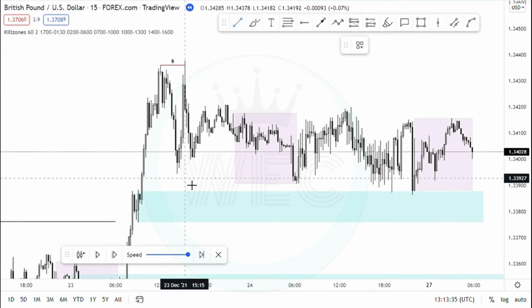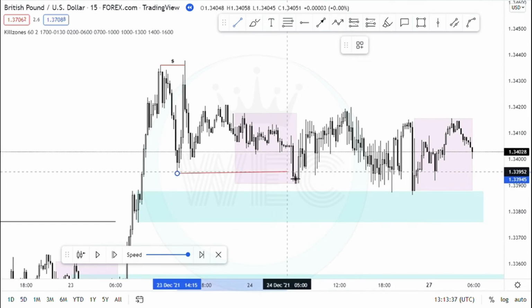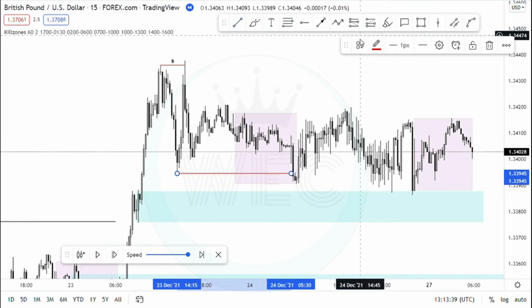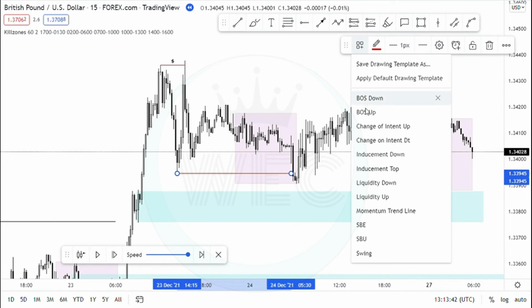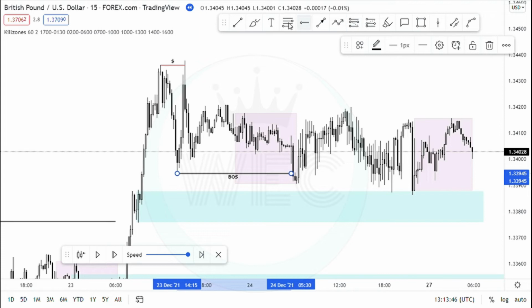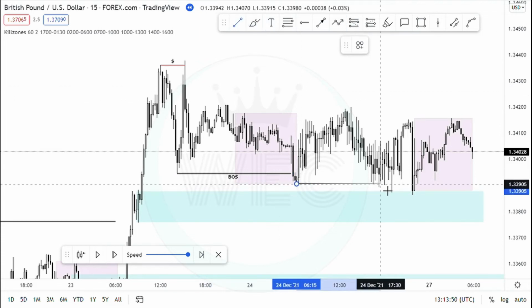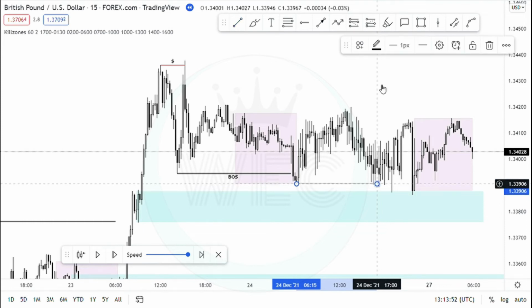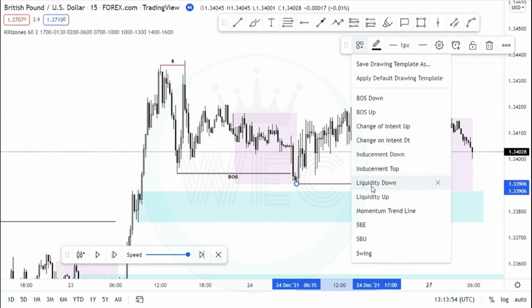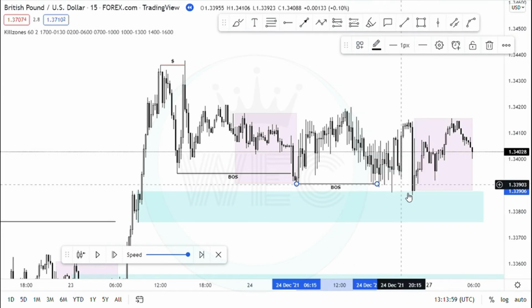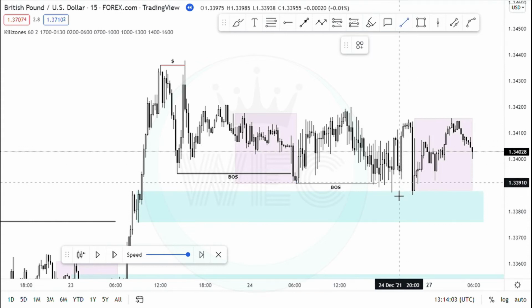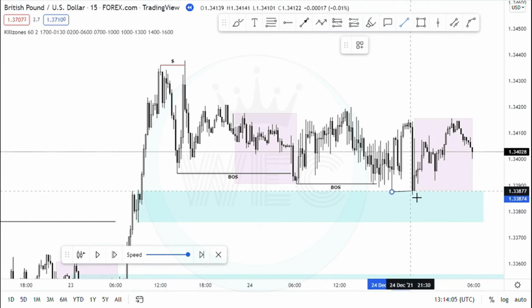So from there we see M15 making breakout structures to the downside. So breakout structure, another break of structure to the downside again on the M15. And then the last one which occurred right here.